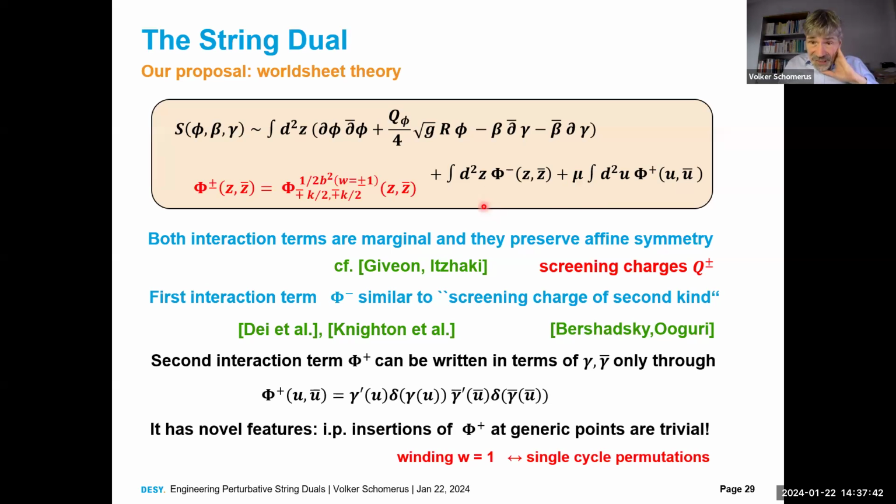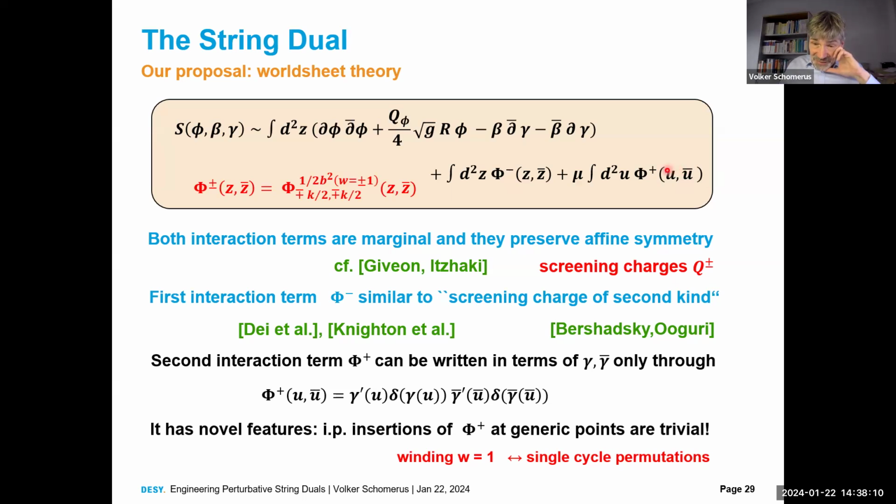Now, I should say when we wrote the paper, we thought this psi plus was entirely new. Later, we realized that Amit and Saki had worked in different contexts with a similar set of screening charges. So they had already noticed that these particular operators, not just physical states, also preserve the current algebra symmetry. So when you add this interaction to your free theory, you're not destroying your current algebra symmetry.